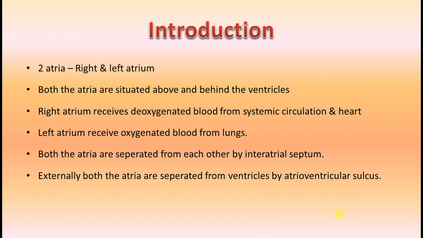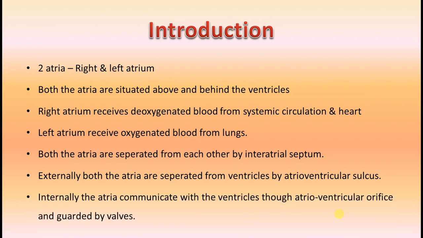Externally, the interatrial septum is not markedly visible. On the posterior aspect you can see a faint mark representing the interatrial septum, but the ventricles are separated from the atria by the atrioventricular groove, and this can be appreciated externally to a greater extent.